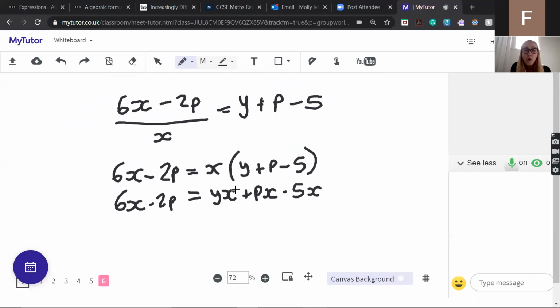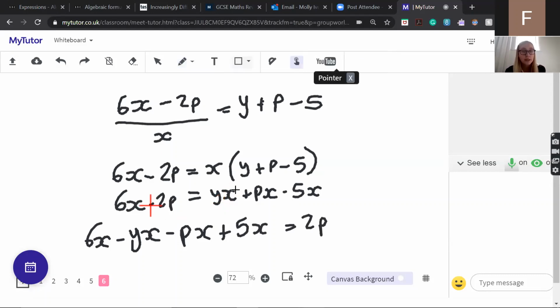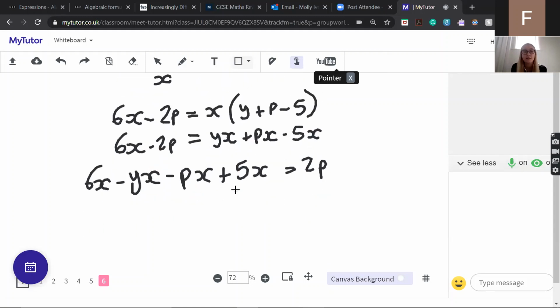And then we take all of that over to the other side and the 2p to that side. So we get 6x minus yx minus px plus 5x equals 2p. I did a couple of things in one there. So I subtracted the yx, subtracted the px, added the 5x, and simultaneously added the 2p to this side.